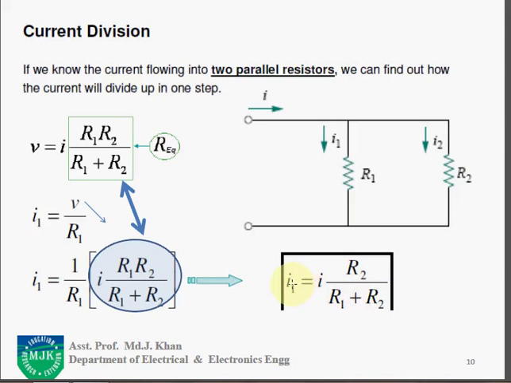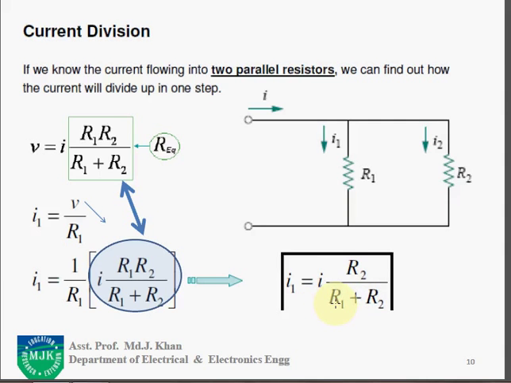So to find the current in one branch, it equals the current I, which I already know, into R2, the other resistor which I am not finding now, upon the total resistance in parallel.